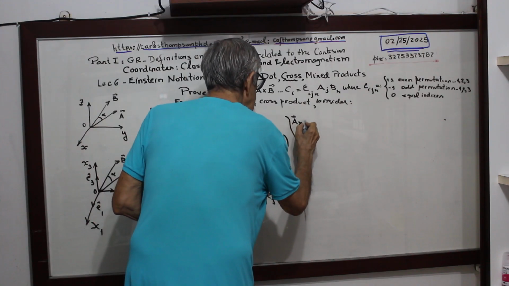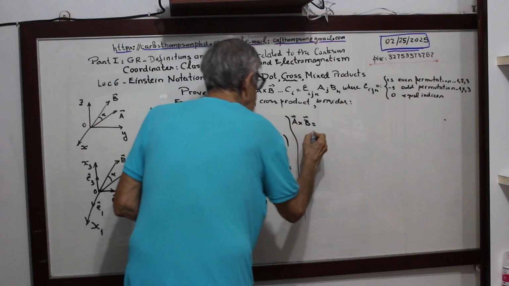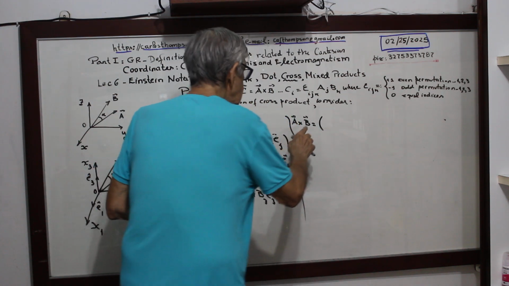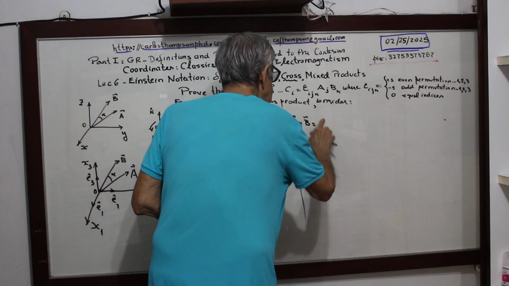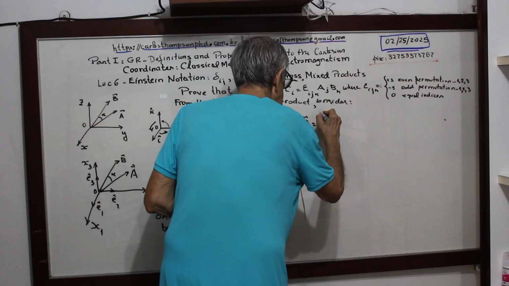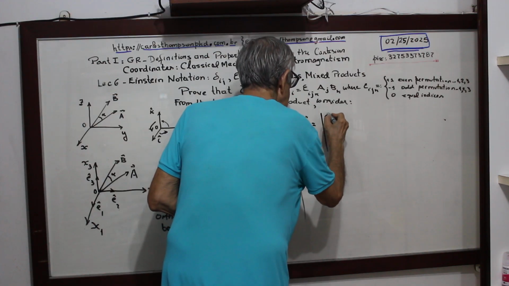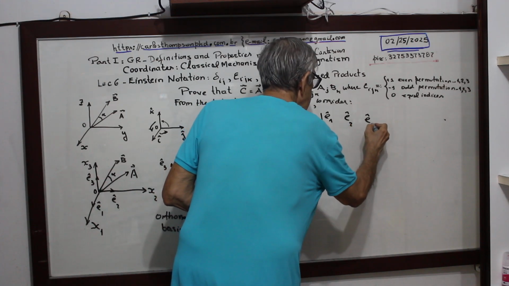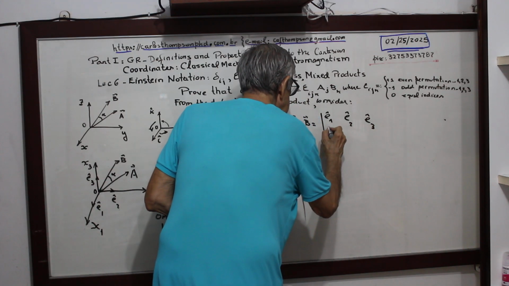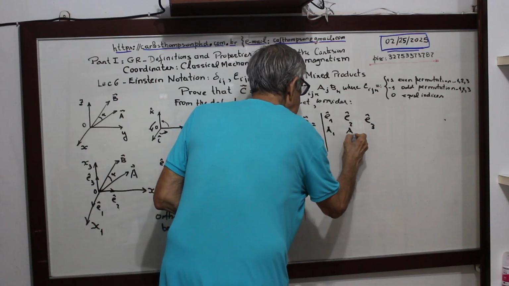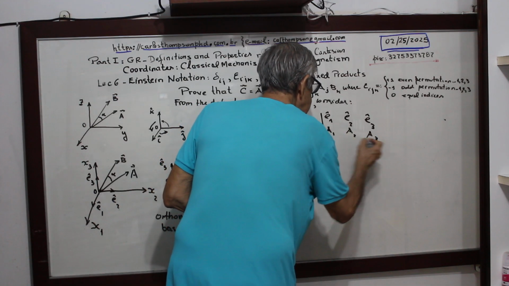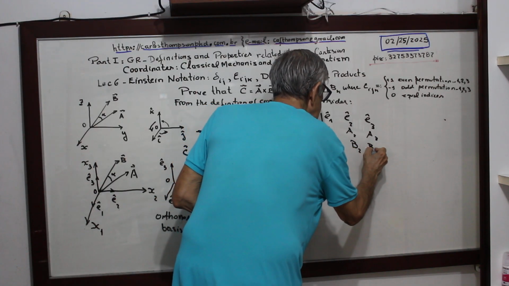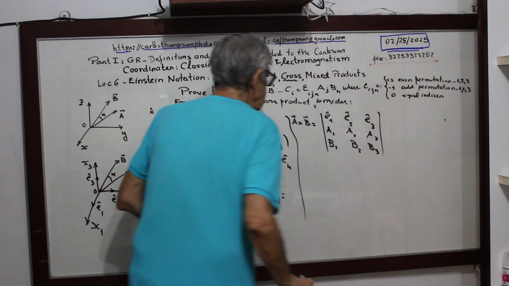A cross B is equal to, I write this in this form: e1, e2, e3; a1, a2, a3; b1, b2, b3.